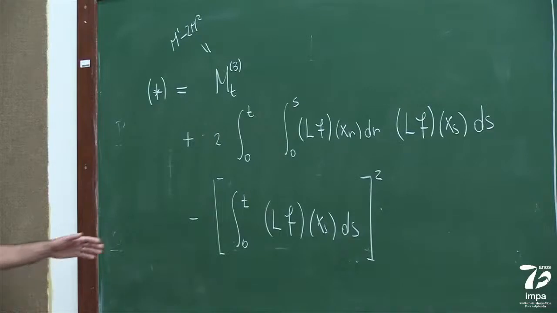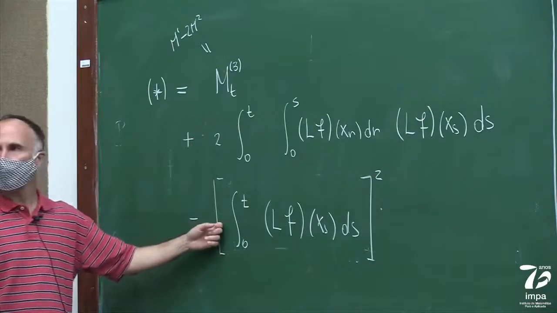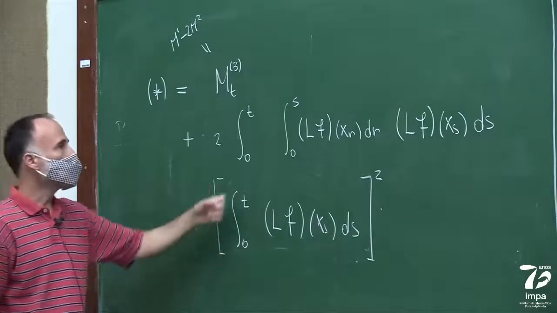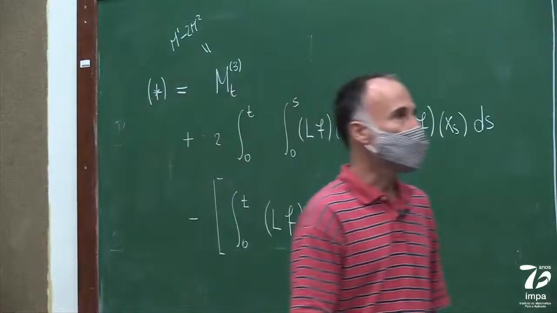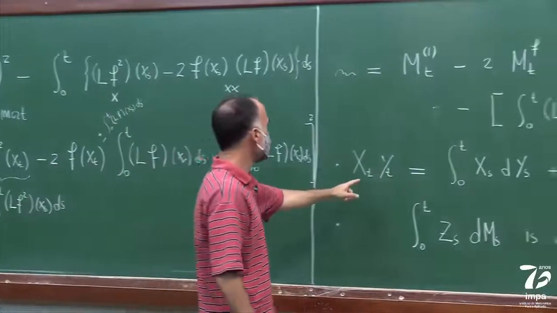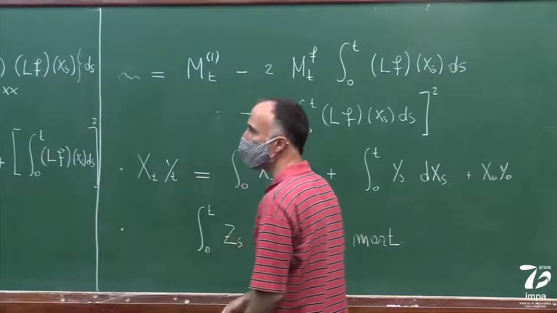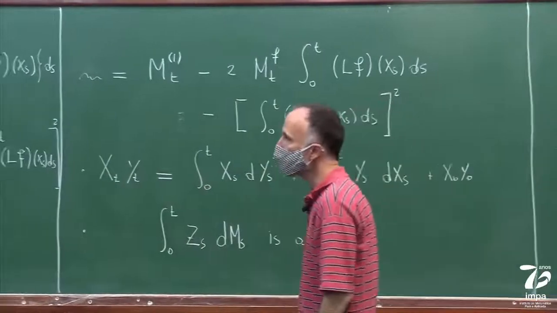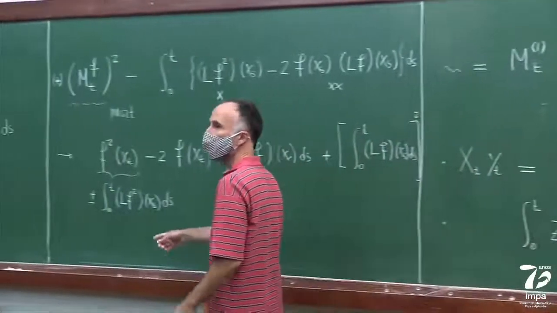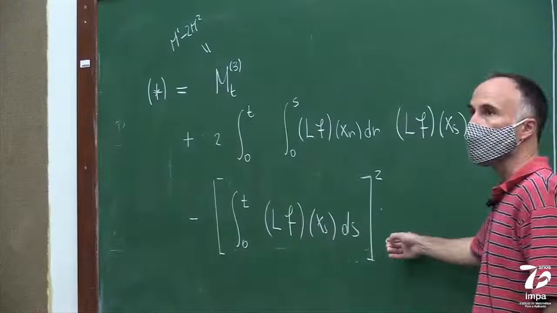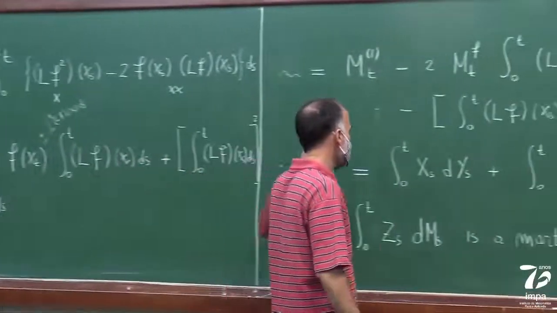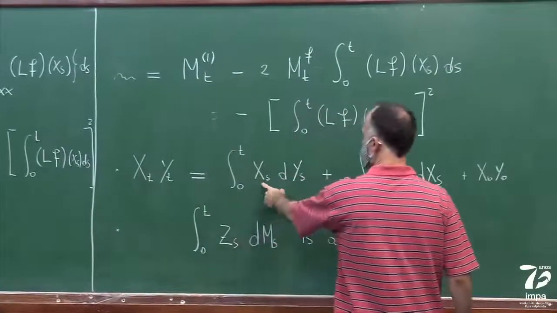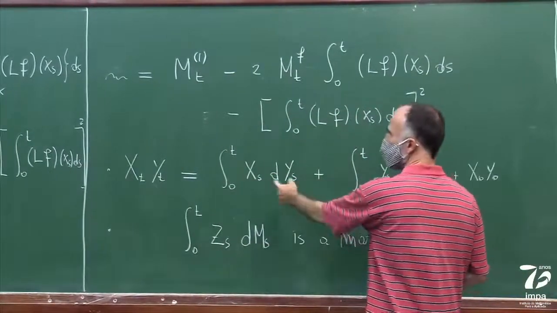And what I claim is that this term is equal to that one, because if you take the derivative of this term, you get 2, and you then get the integral of that. Or if you wish, if I just use this formula again for the square, for this term, now x and y are equal. So this gives me the integral of x with respect to dy two times.